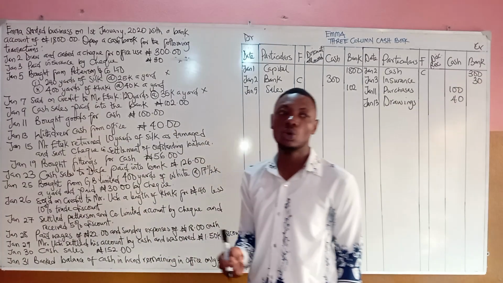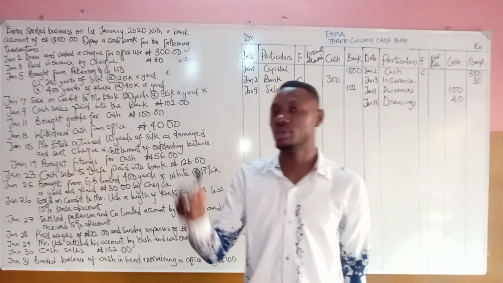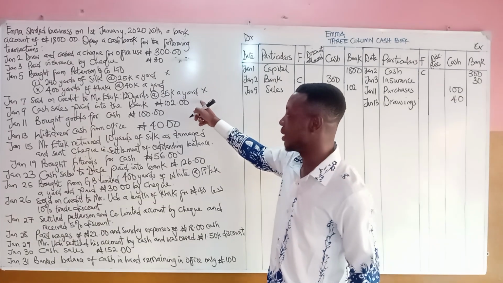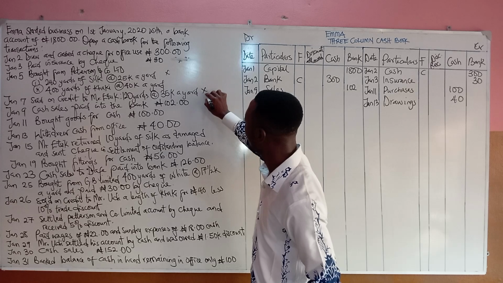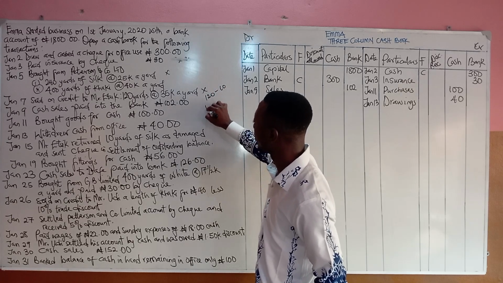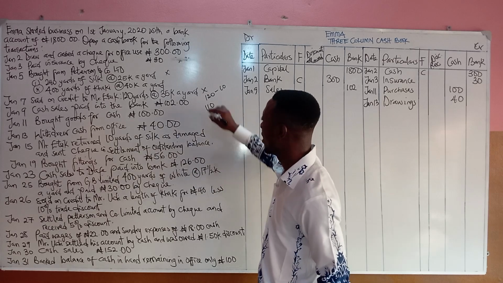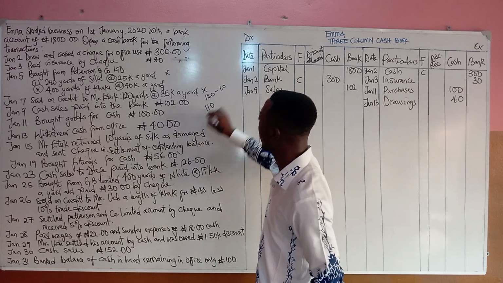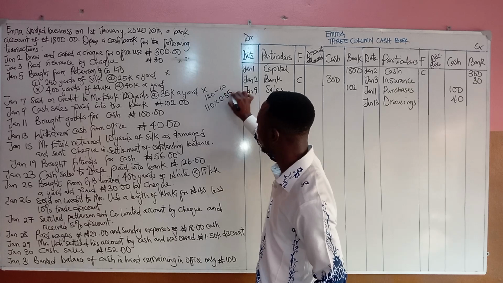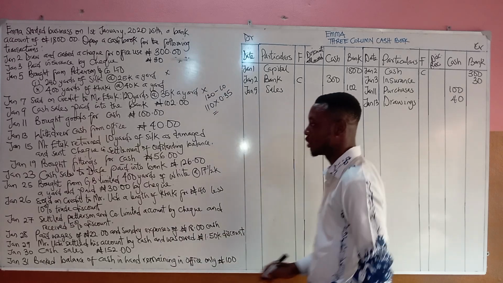That 10 yards will then go into our return inwards book. Out of 120 yards, he returned 10, meaning that he paid for 110 at what? 35 kobo per yard. So what do we do? We multiply by 0.35 in order to know how much was paid.